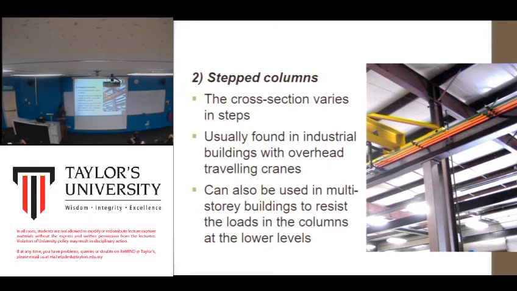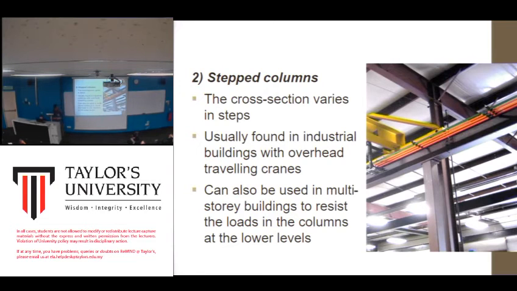But in this type of column, it varies at only certain parts. For example, at the bottom here, when you cut, they are all the same. You cut any section at the bottom here, it's all the same until it reaches the upper part of the column. When you cut this part, it's smaller than the lower part.